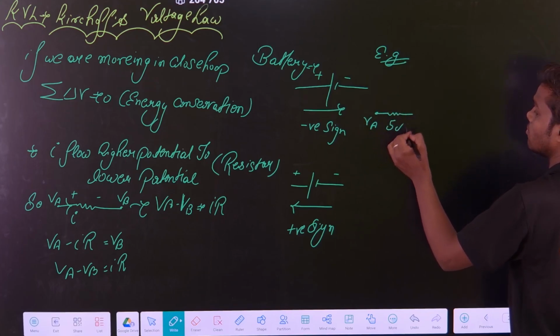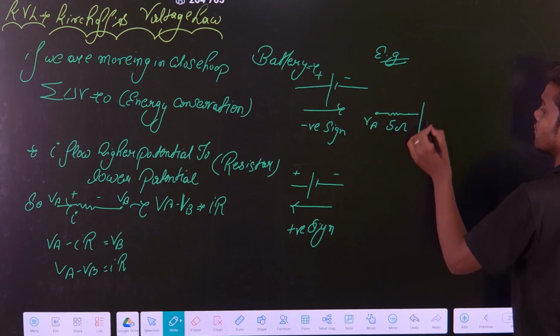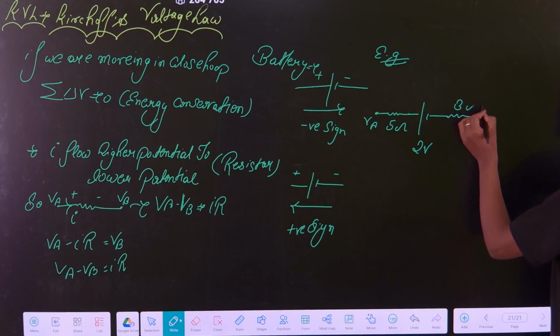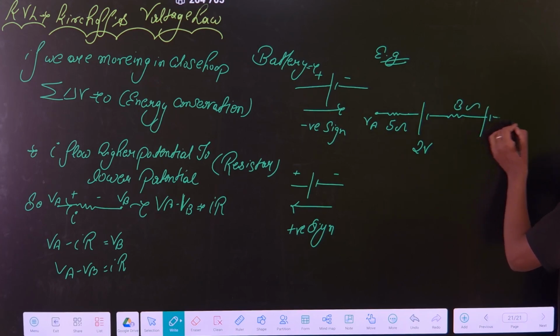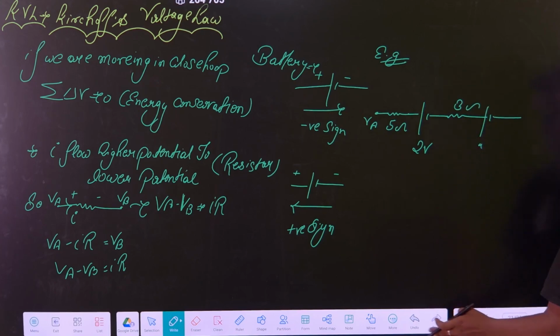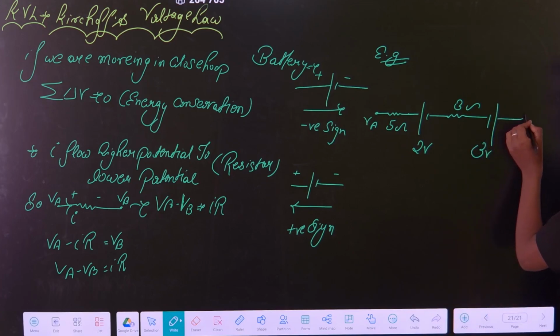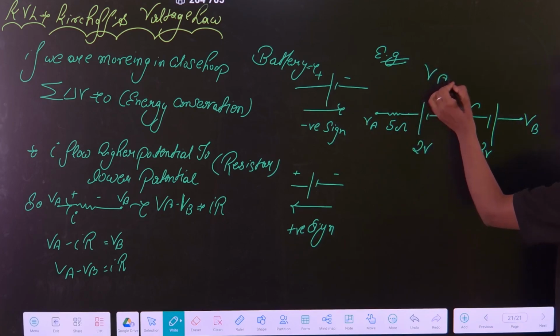This is a 5 ohm resistor. Then we have a battery of 2 volt. Then we have a resistance of 3 ohm. Then we have another battery of 3 volt, and this is potential VB. My question is that you have to find VA minus VB.